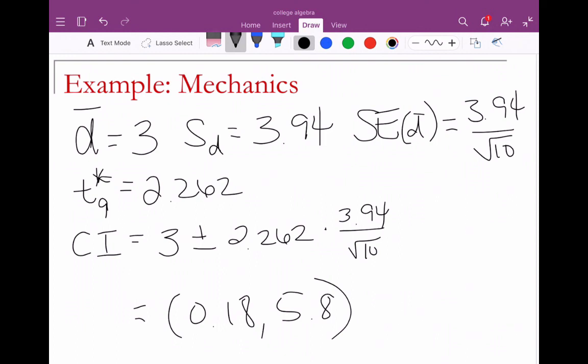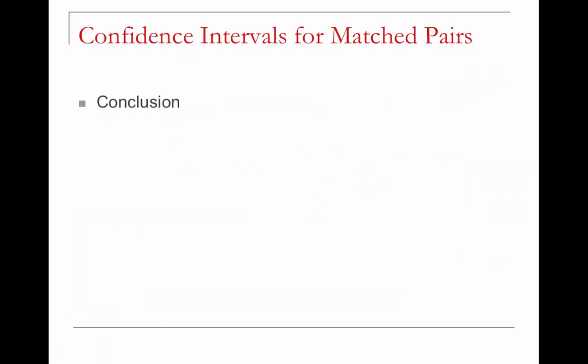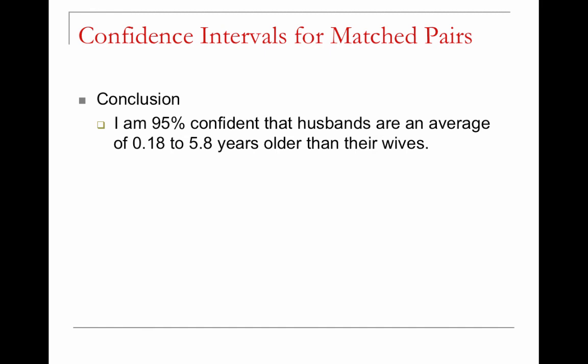Then we just have to make sure that we interpret our interval in context. That's very important. So in conclusion, we are 95% confident that husbands are an average of 0.18 to 5.8 years older than their wives.